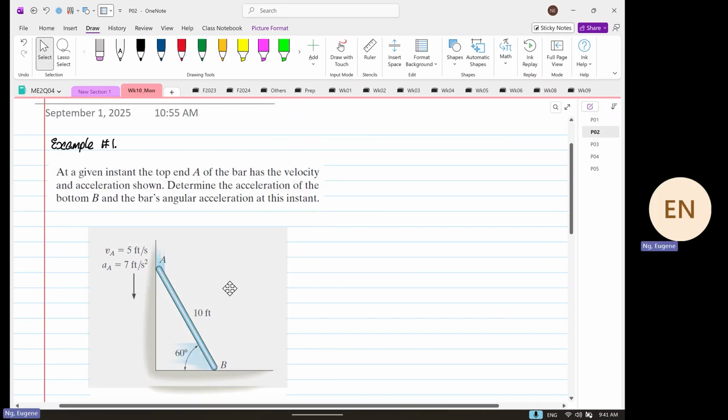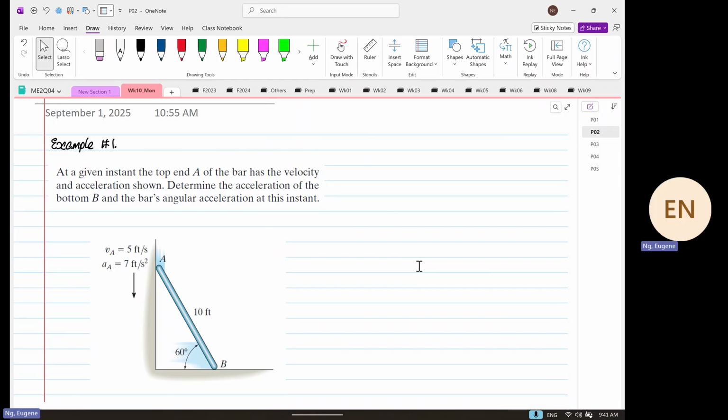We are given, at a given instant, at this configuration, the top end A of the bar has a velocity and acceleration as shown. We have V_A equals 5 feet per second, and A_A is 6 feet per second squared.